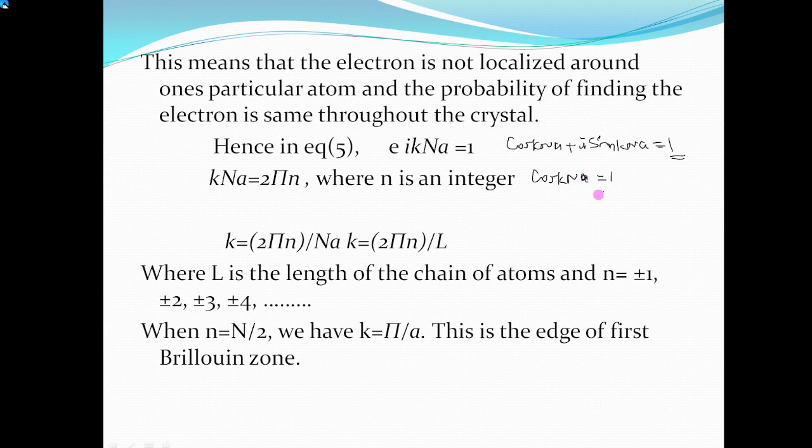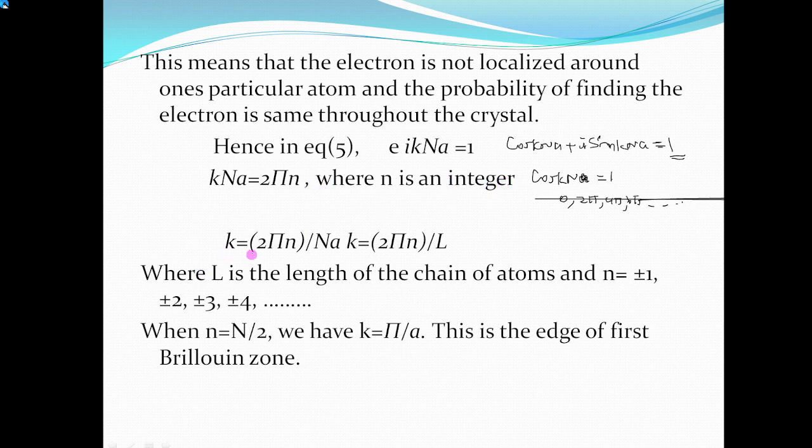For what value of the angle is cos equal to 1? Cos 0 is 1. Cos pi is minus 1. Cos 2 pi is 1. Cos 3 pi again is minus 1. Cos 4 pi is 1. So 0, 2 pi, 4 pi, 6 pi, and so on. So I can write it as kNa is equal to 2 pi n, where n is an integer.